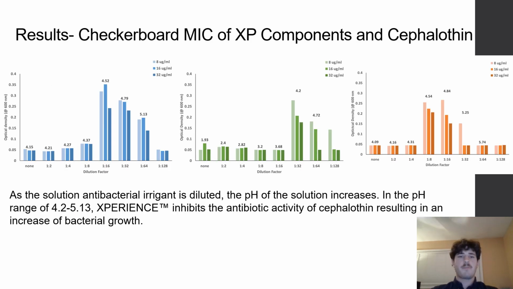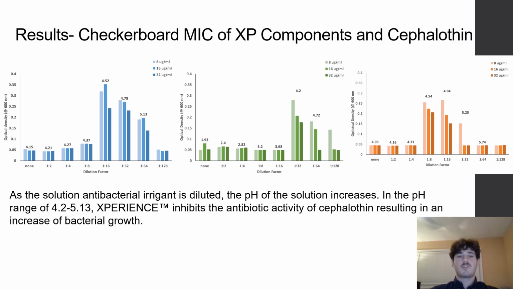So now, after comparing all three of these graphs side by side, you can see that each of these antagonistic ranges are actually due to a pH factor and not an Xperience component factor. So we didn't actually include 10% sodium citrate or Xperience without citrates, since those solutions in combination with cephalothin did not inhibit bacterial growth at all, so we couldn't see any clear pH or bacterial growth peaks since every solution grew.